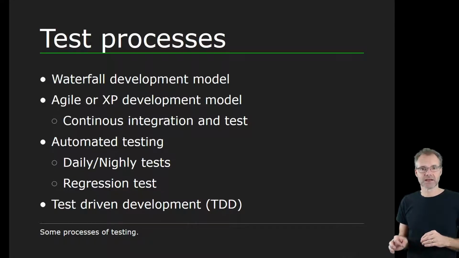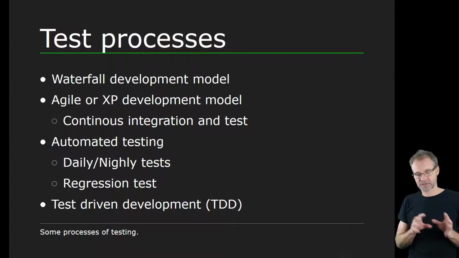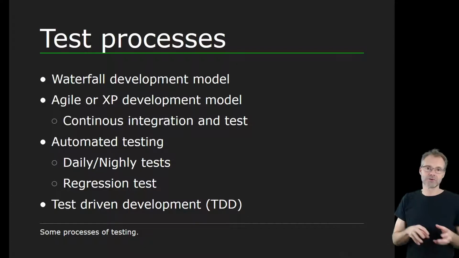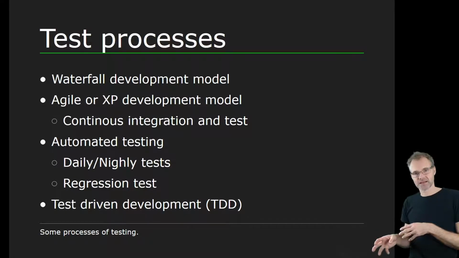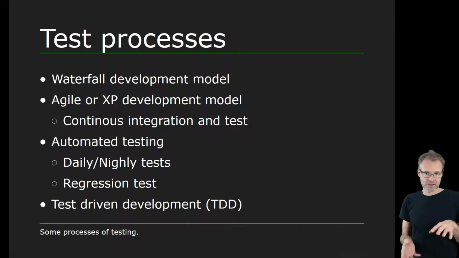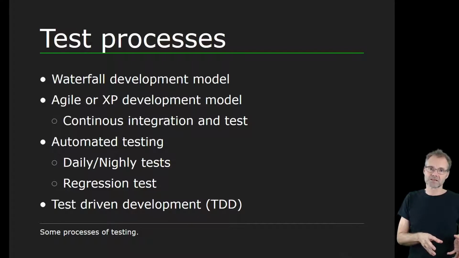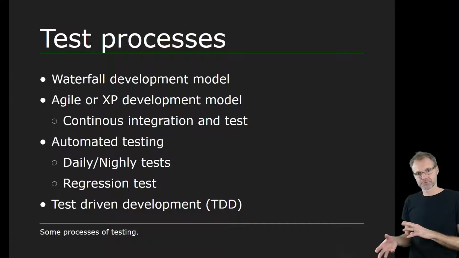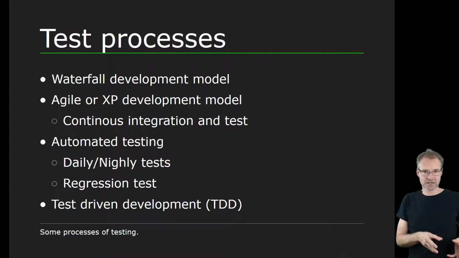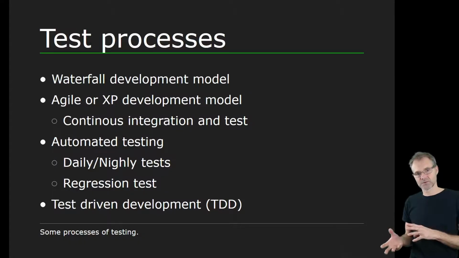Another type of development process or test process, well, it's both basically, would be test-driven development, TDD. If the other processes I talked about do code and test, then we swap them in test-driven development. We do test and then code. We write a test case, and then we write the code to pass that test case.